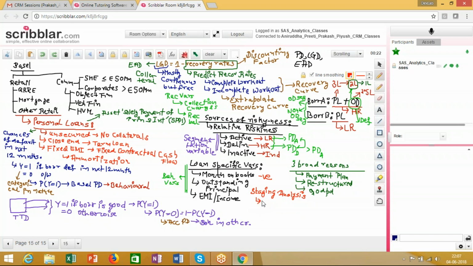So the first thing we talk about is stage one. In stage one, a borrower is an active and non-delinquent borrower.